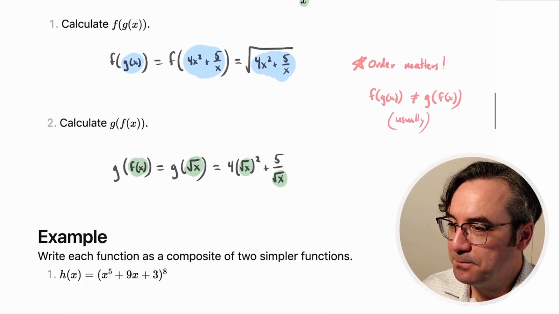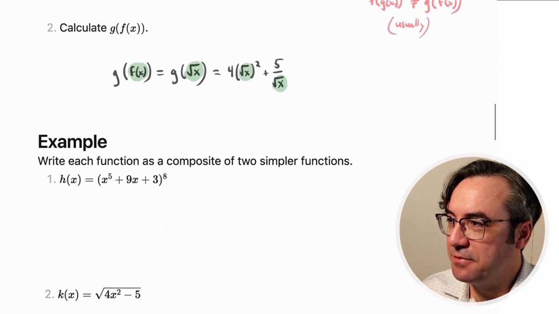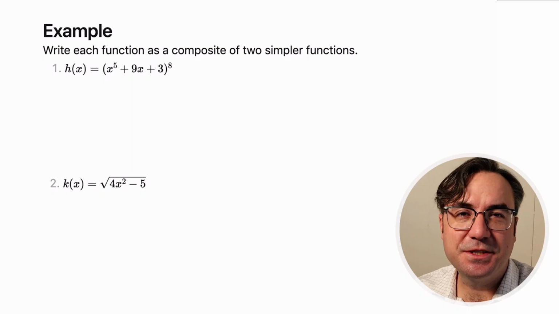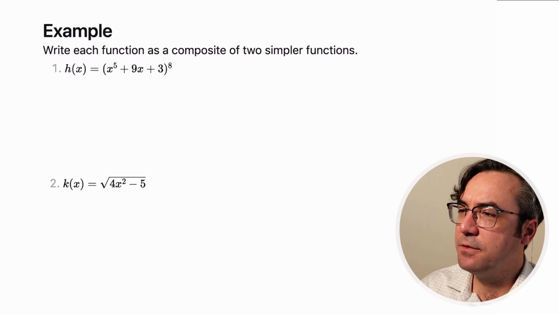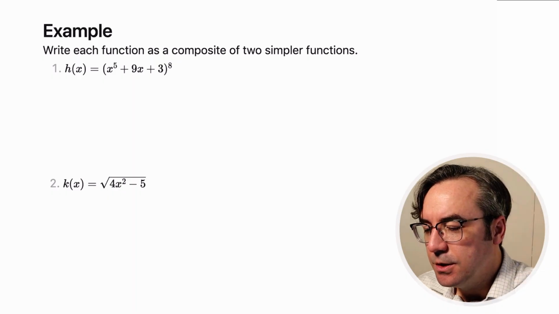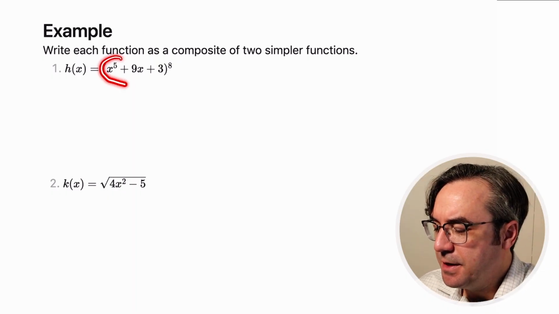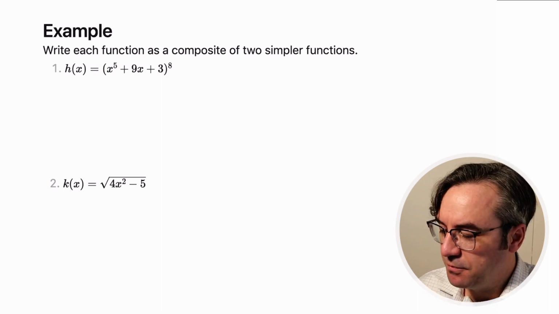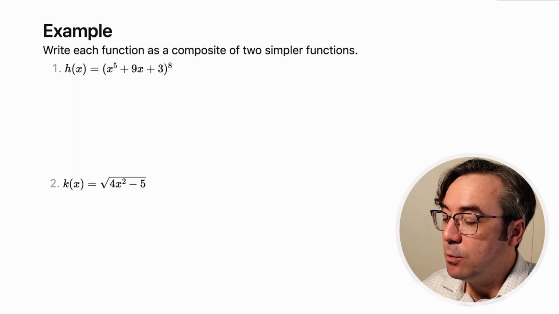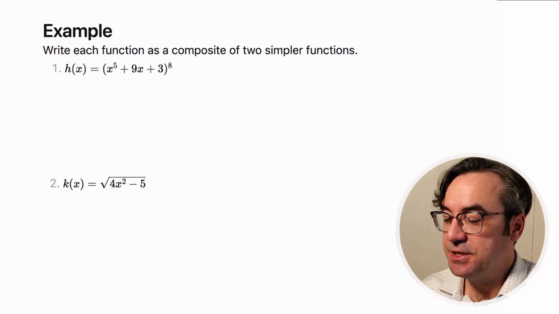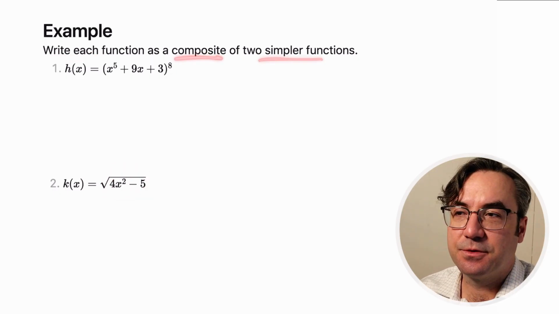All right, so let's try another type of investigation of composite functions. And this is probably more of what we're going to be doing. So what we have here is a function. Looks like just a regular function. We've worked with these kinds. But what we're going to do for each of these is write each of these functions as a composite of two simpler functions.